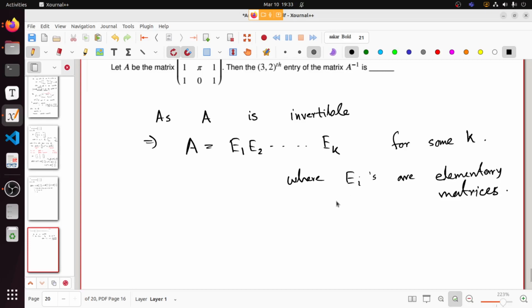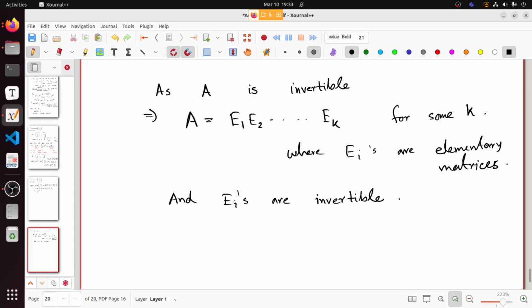Okay, so now from here we have to find the inverse. So how to find the inverse? Elementary matrices are invertible, and the Ei are invertible, right? Because these are elementary matrices, we have done that these are invertible. So just multiply by the inverse of this.